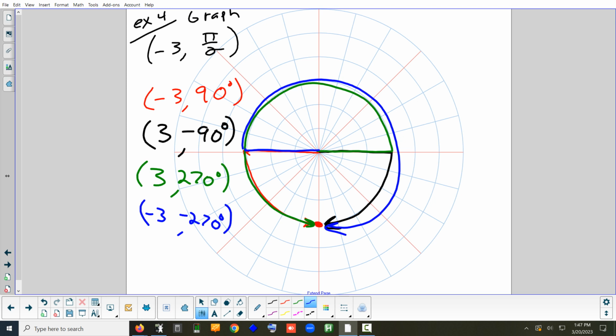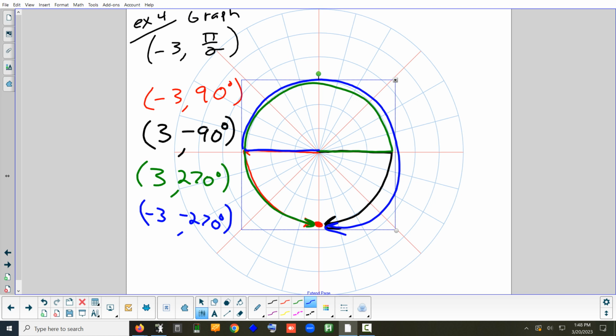So what that shows us is if you're graphing a point in polar, there are up to 4 different ways to get to it. Sometimes there's only 3. Like if you land on the polar axis, there might only be 3 ways to get to it. But if you land anywhere except the horizontal axis, there are always 4 ways to get to it.